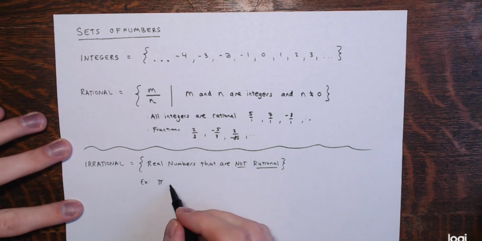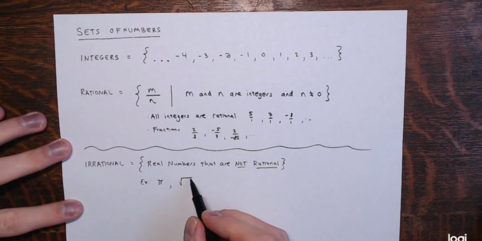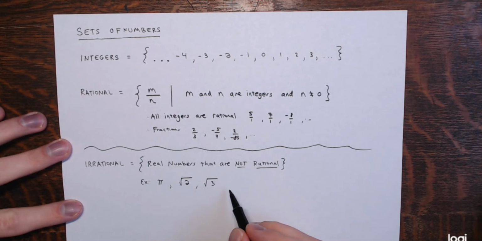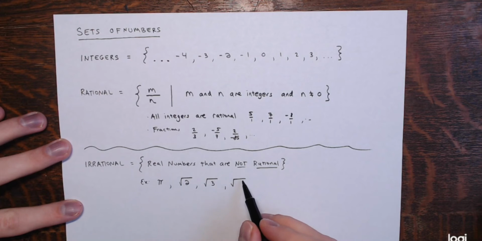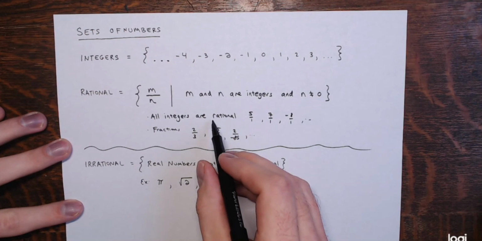Pi, the square root of 2, the square root of 3, all your roots of non-powers, the square roots of not perfect squares, square root of 5, right? The square root of 4 is 2. That's rational, right? That'd be an integer.